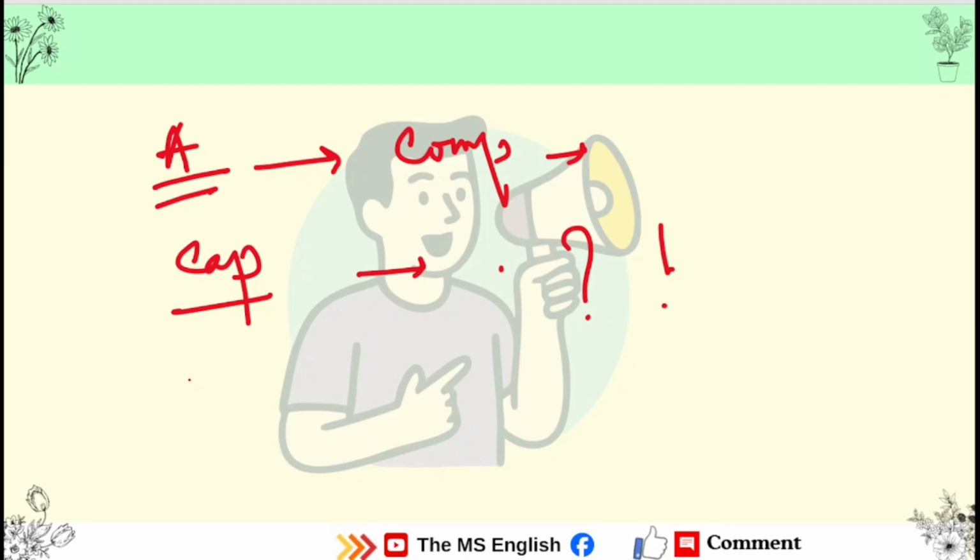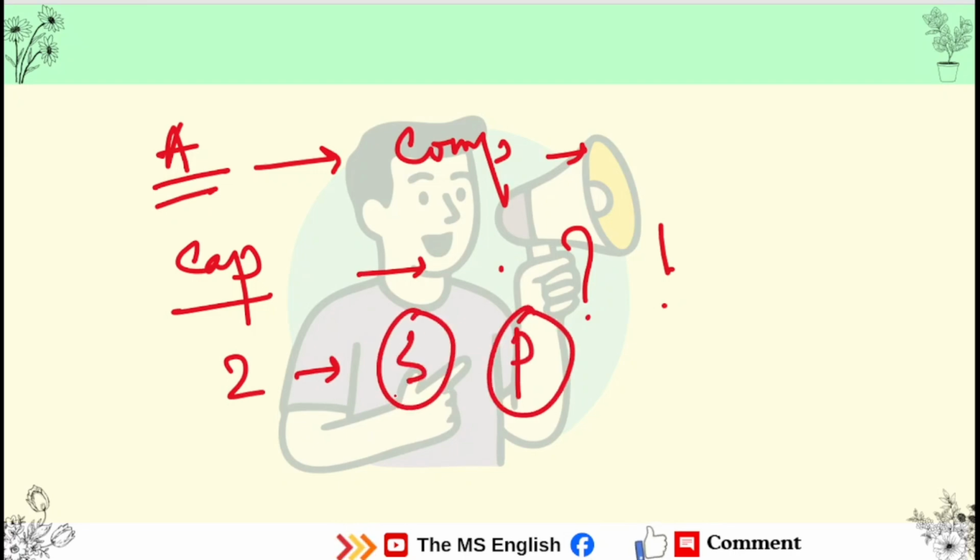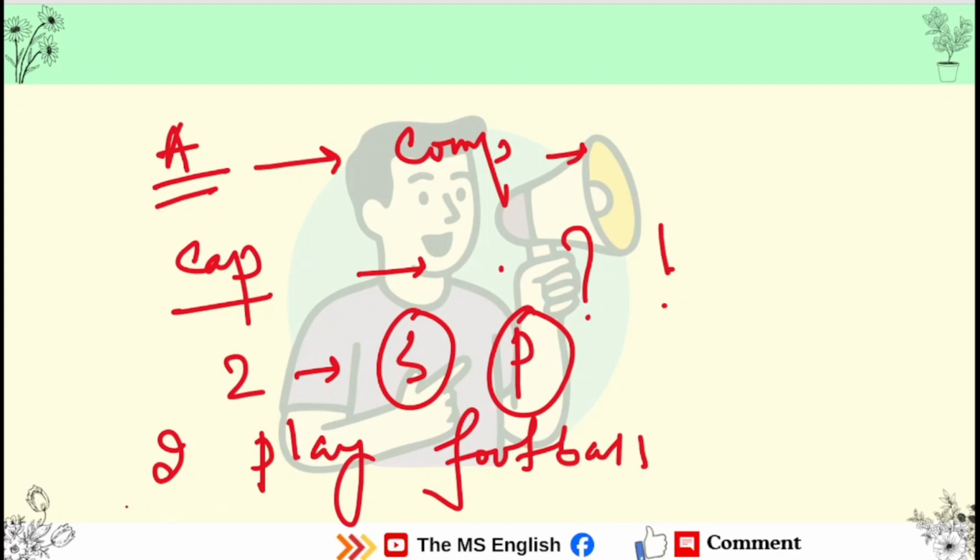Then another thing is that there are two main parts in a sentence. One is subject, another is predicate. I think you have understood, and the identification of subject and predicate is very simple. You can see, for example, I play football. In this sentence I is subject and the remaining portion is predicate. So I is subject, remaining portion is predicate. So I think you have understood everything.